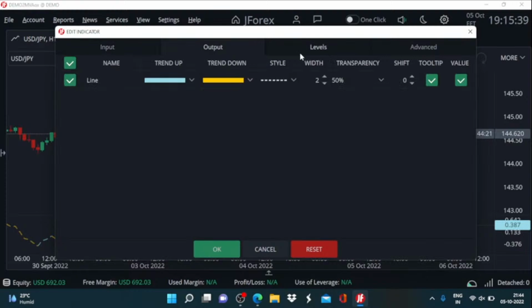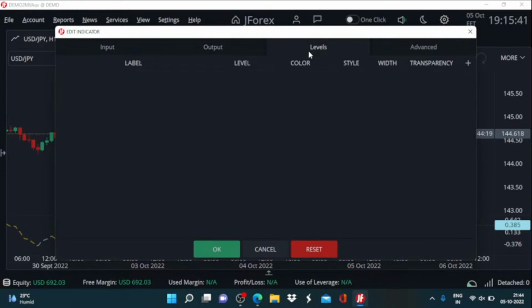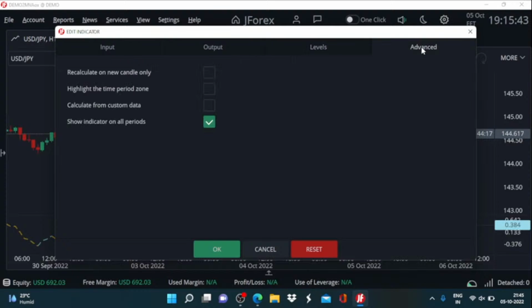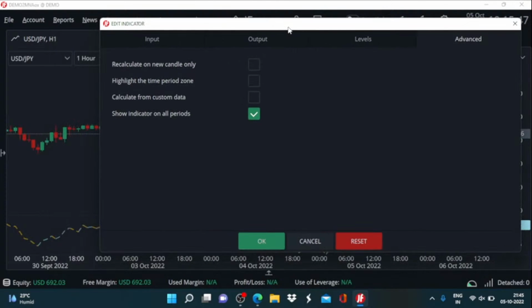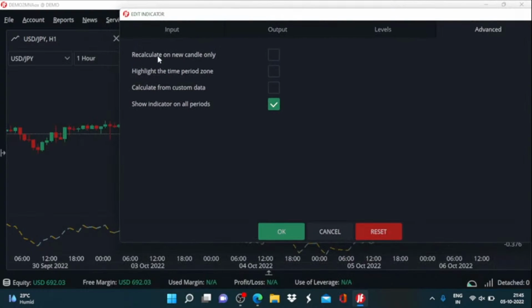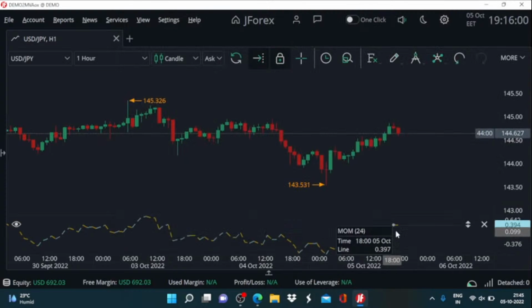All right. Levels, we don't really have any levels defined for this indicator. Now coming to these advanced editing options, if you want the recalculation to be done only on a new candle, then you have to opt in for this box, and if you do that, then this output value will remain constant throughout the current candle period.